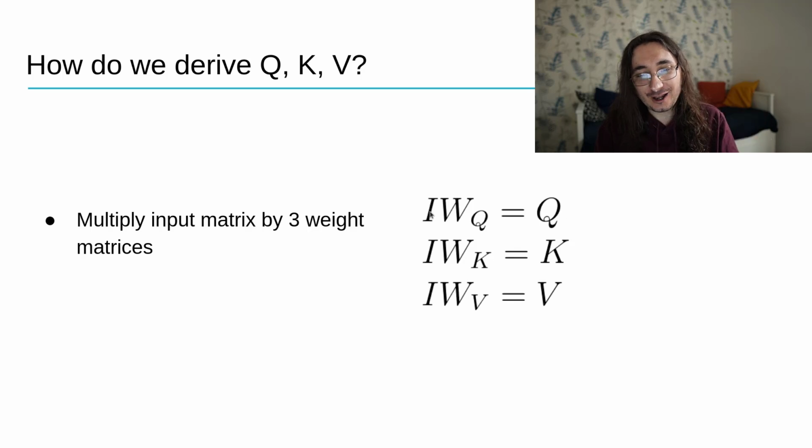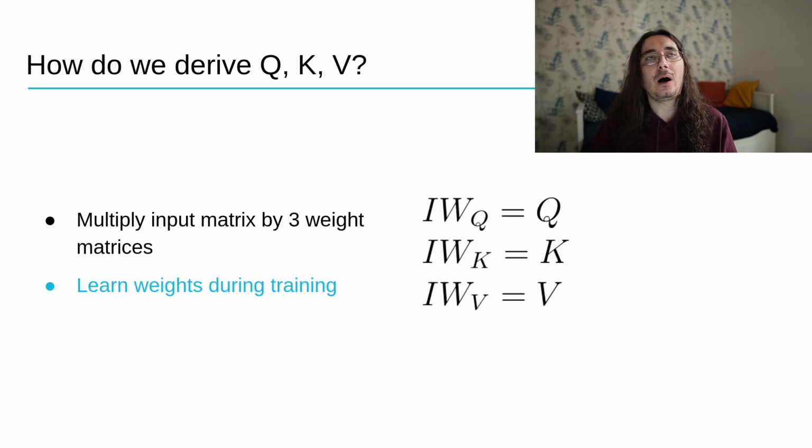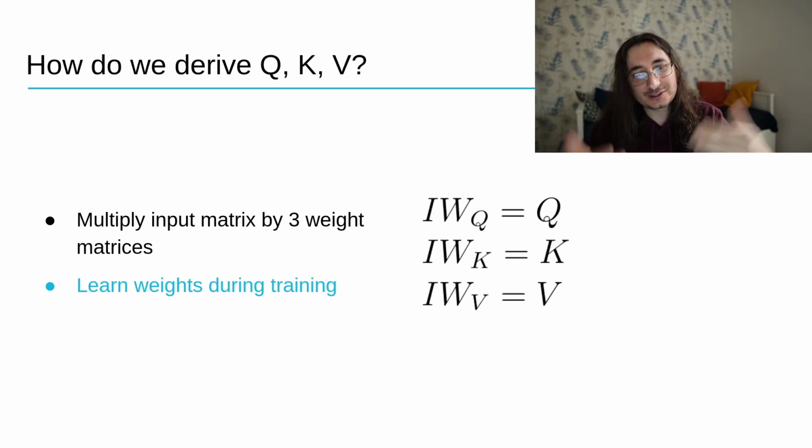So we have I dot product with WQ, and that gives us the query matrix, and you have the same thing for K and for the value matrix. Now, these weight matrices are the ones that we use for training our model. In other words, we learn these weights. When we train a transformer, one of the things that we learn are the weights for WQ, WK, and WV.